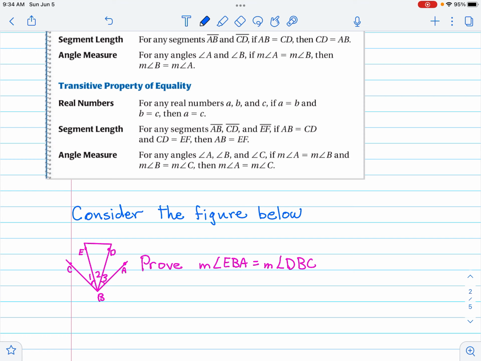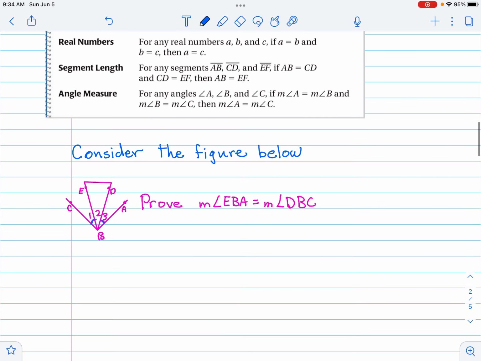We've got this figure, and notice that angle 1 and angle 3 have the same measure, which is what this little mark means. We want to prove that angle EBA is equal in measure to angle DBC.